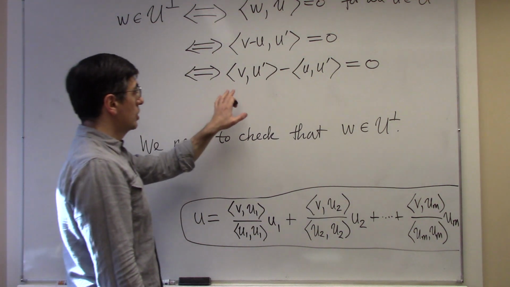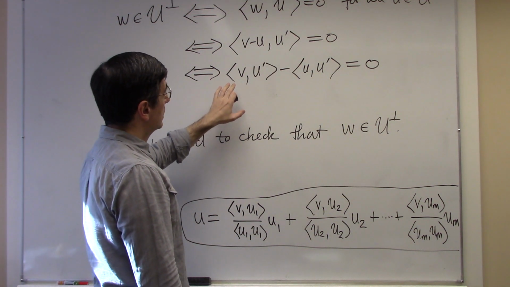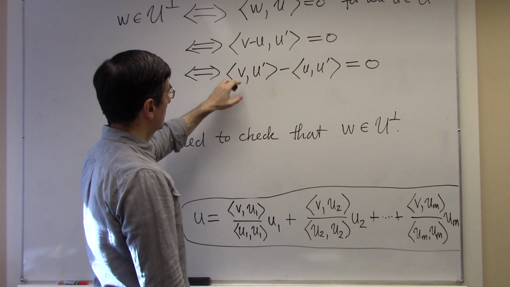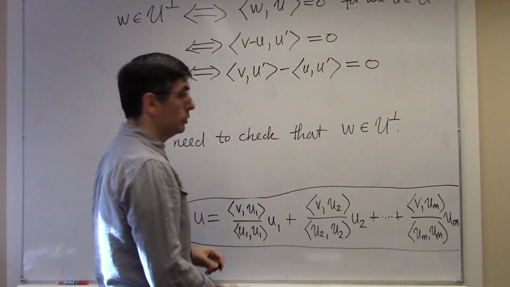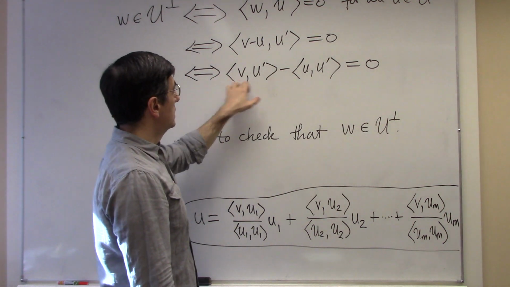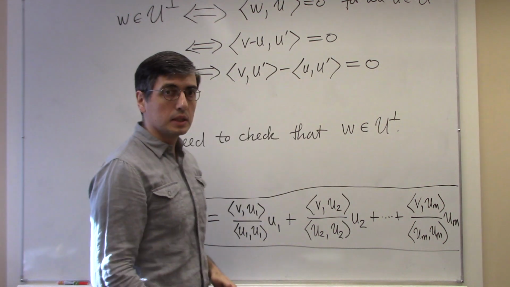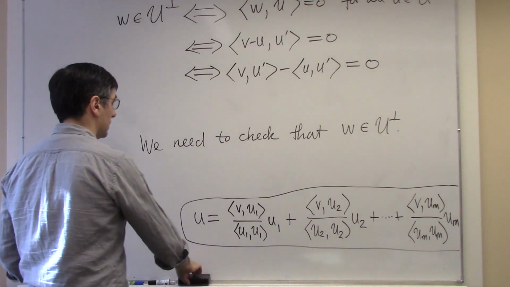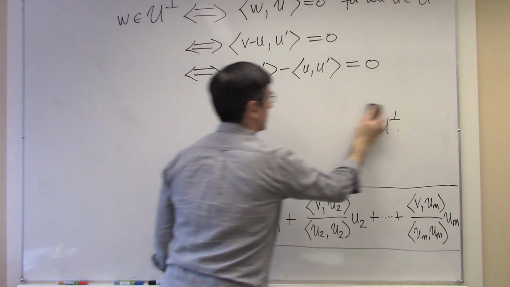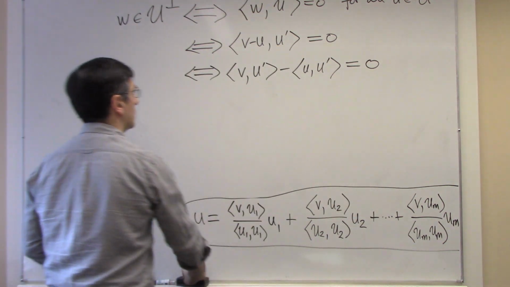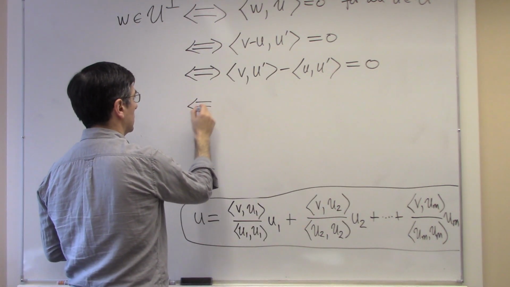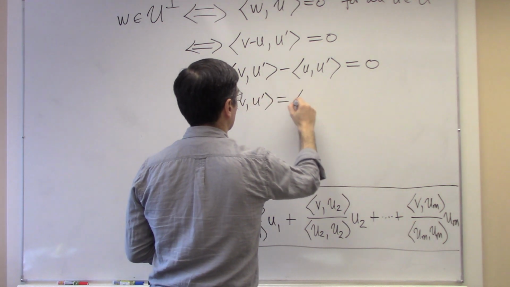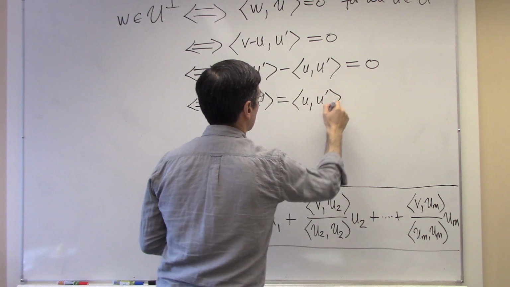So we want to show that for any element of U, this inner product is equal to this inner product, where U is this element. So this is equivalent to V U prime equal U U prime.